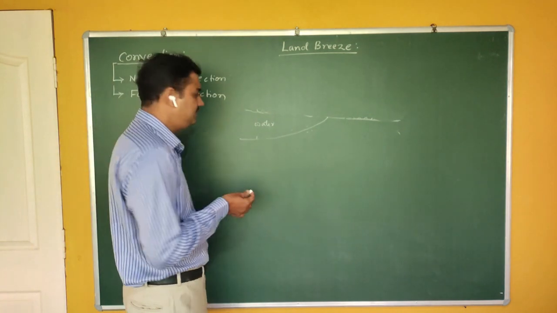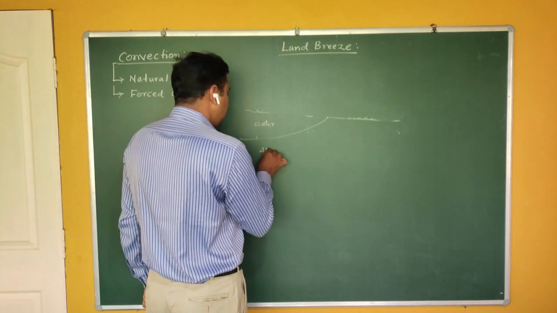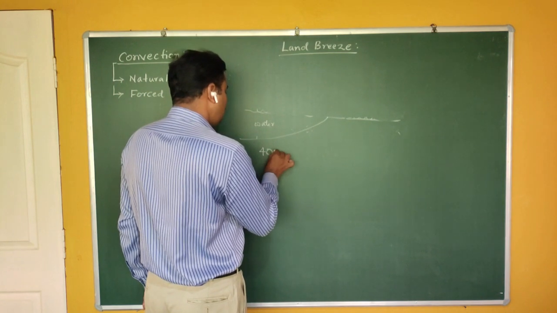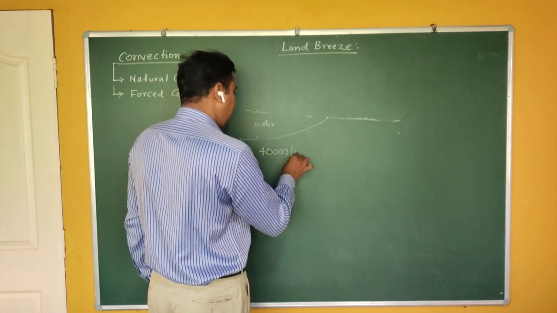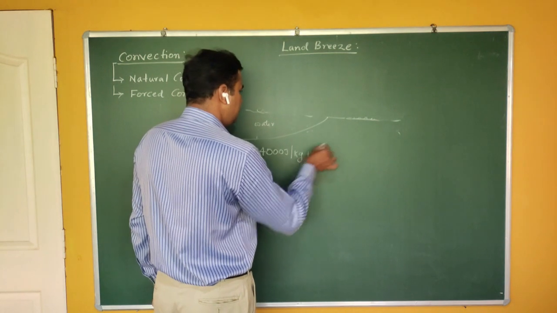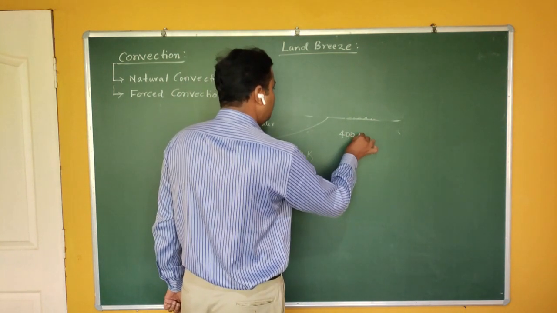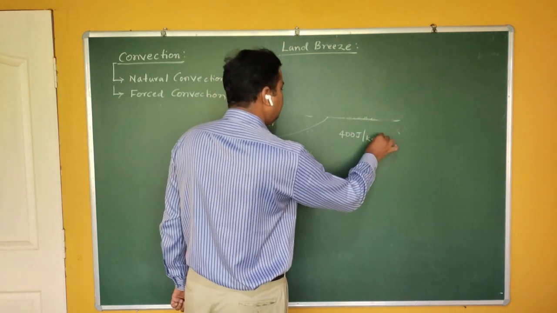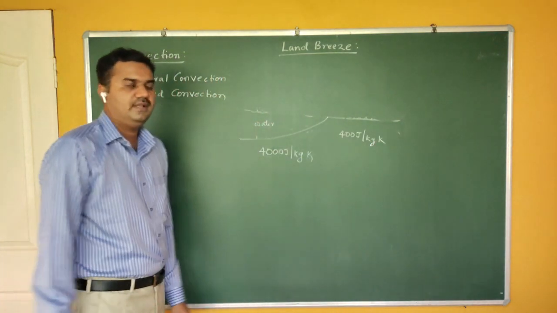Again, the specific heat decides here. Roughly I take 4000 joule per kg per Kelvin for sea water, and 400 joule per kg per Kelvin for land.